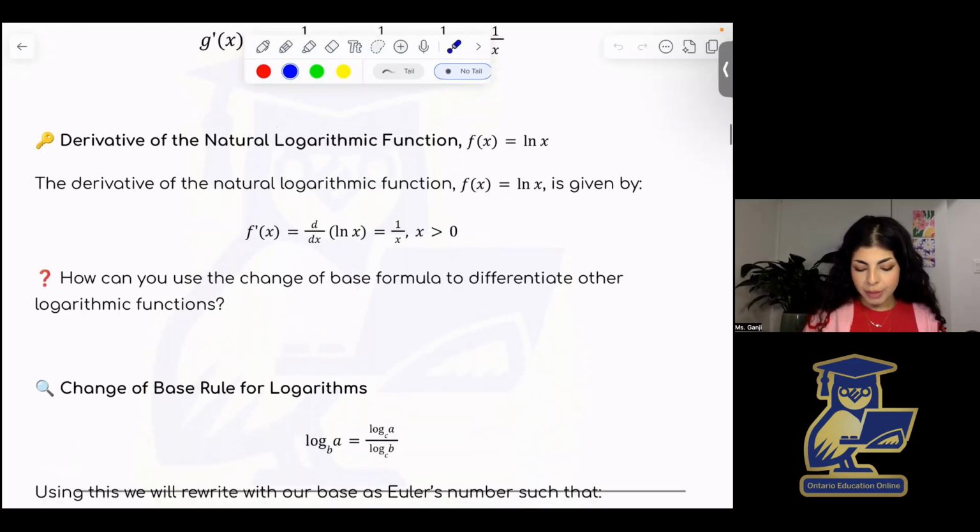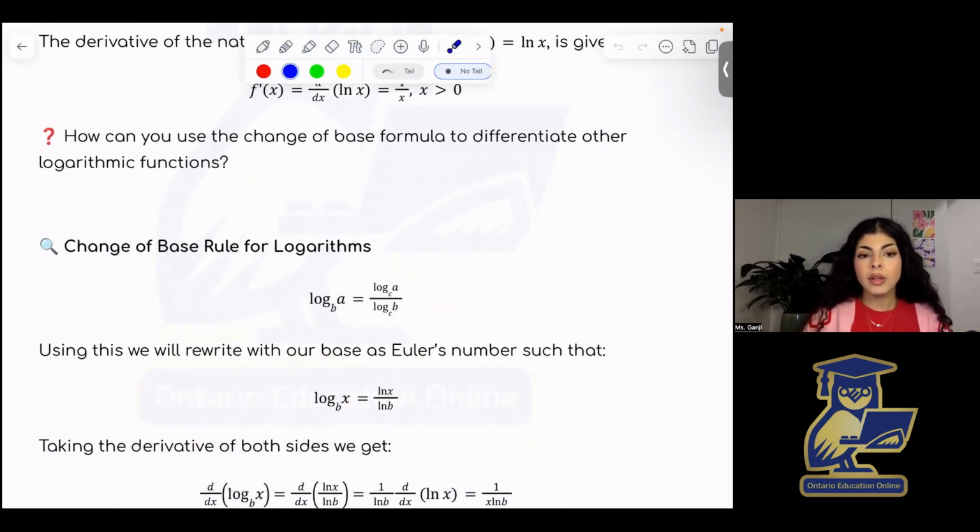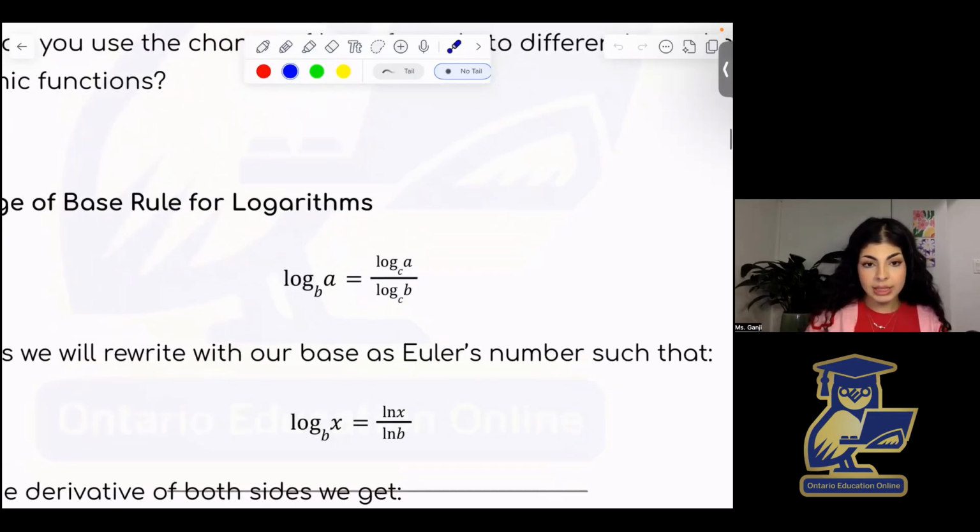So using the change of base formula, we have that the logarithm of a with a base b can be written as log of a base c over log of b with base c. So we now introduce that new base, which is c, and then we have a in our numerator and b, which is our original base, in the denominator.